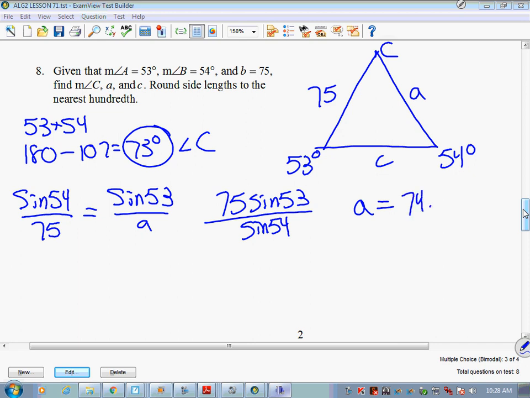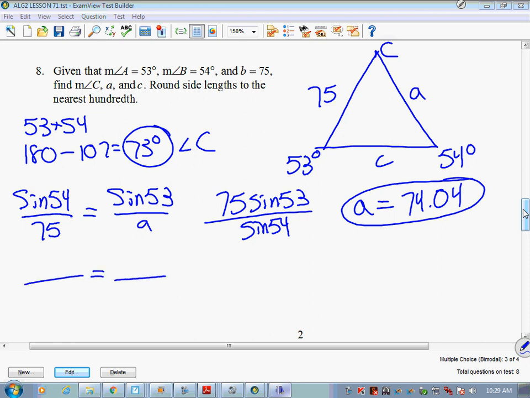Point what? 0.8? 0.8? Shouldn't be. 0.04 to the second decimal. What's it say? 74.0. And then what's after that? Yeah, so 0.04. Okay? All right, now we have to find side C, correct?